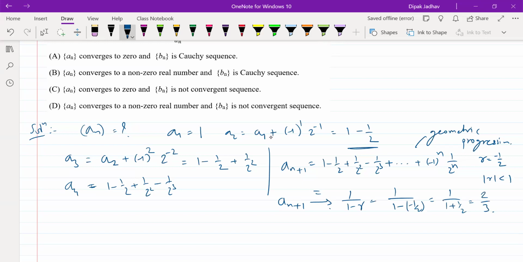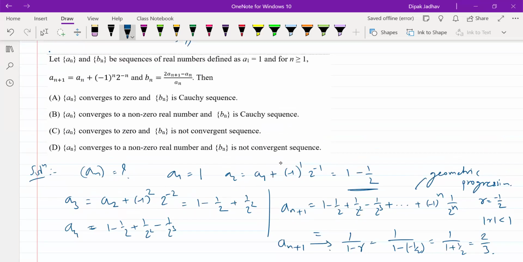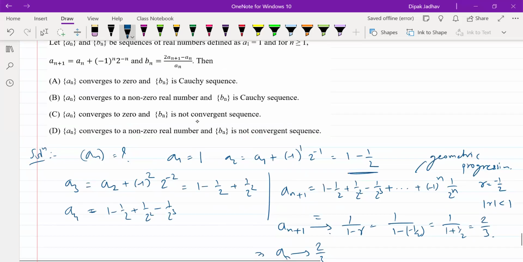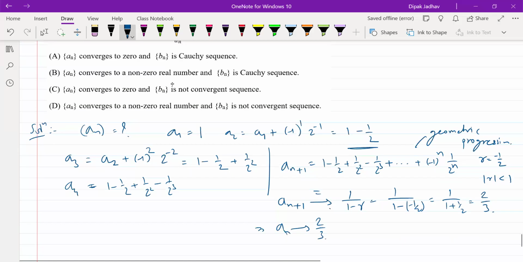We got something about An plus 1. An plus 1 goes to 2 by 3. So where does An go? An will also go to 2 by 3. Okay, so we got information about An. What about Bn? Let us figure out what is Bn.